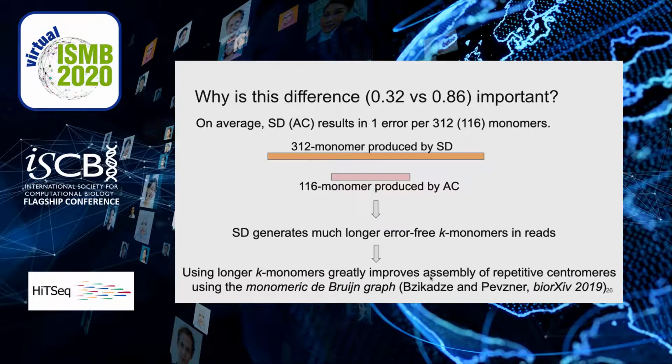Fewer errors allow us to obtain long error-free monomeric sequences. If errors are independently distributed, then on average, String Decomposer will produce more than twice longer error-free sequences than Alpha Centauri. Longer monomer sequences can greatly improve centromeric assembly.